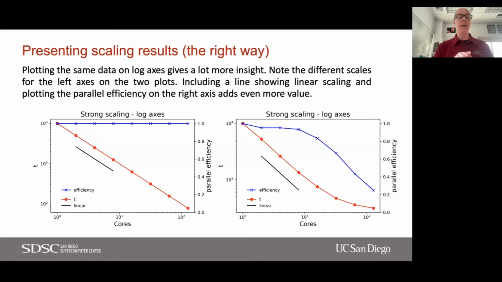As we increase the number of cores, the parallel efficiency stays at 1, and the runtime decreases proportionally to the number of cores. If we look on the right, we can see that in the beginning, we're doing pretty well. We're getting good performance, but the parallel efficiency, the speedup divided by the number of cores, really drops off.